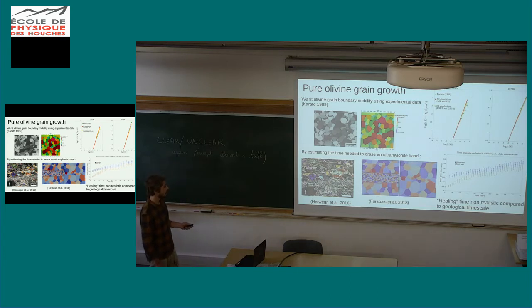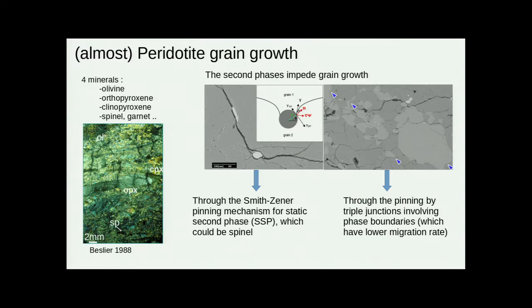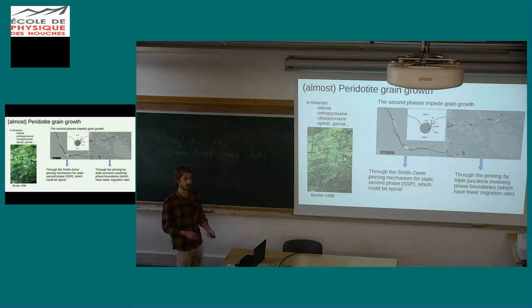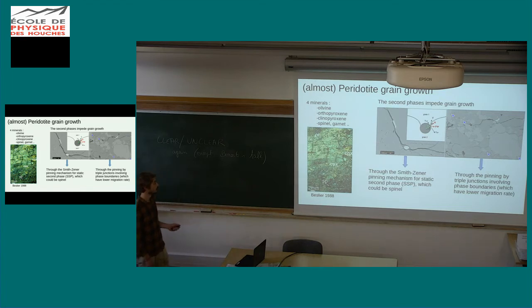After that, we wanted to include the effect of second phases in our model, because there are a lot of second phases within rocks in general. In mantle rocks, you find obviously olivine, which is a major constituent. You can find pyroxenes and spinels.